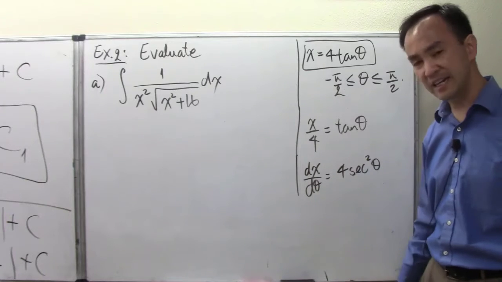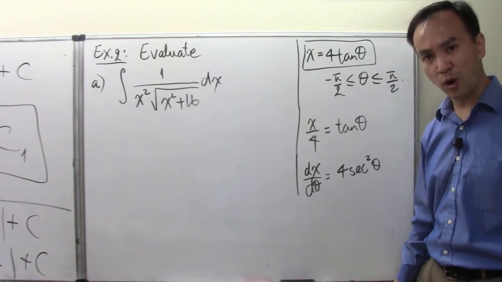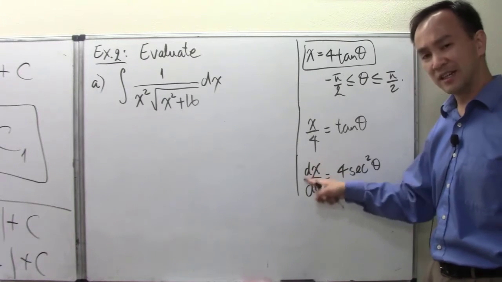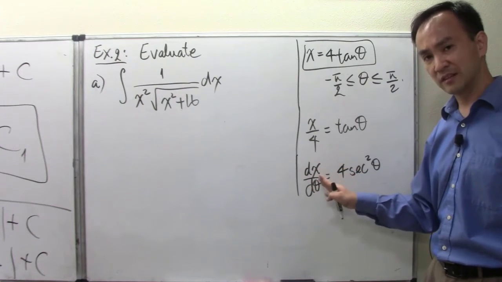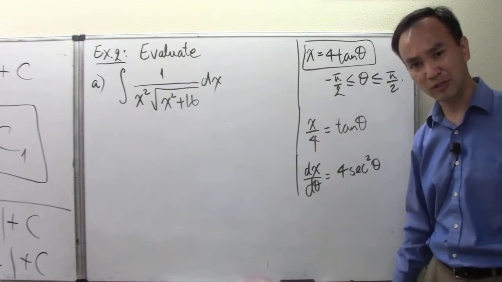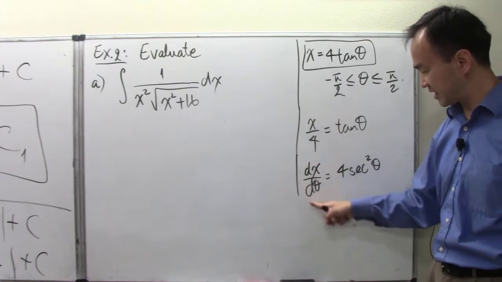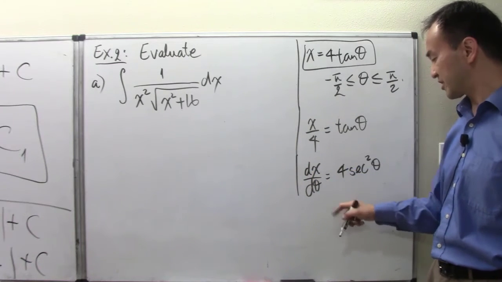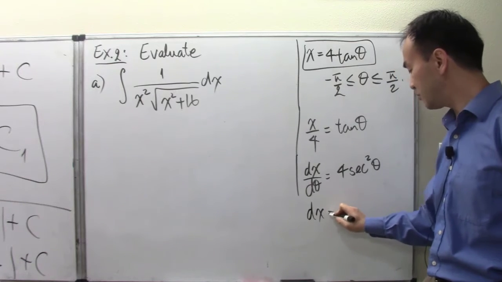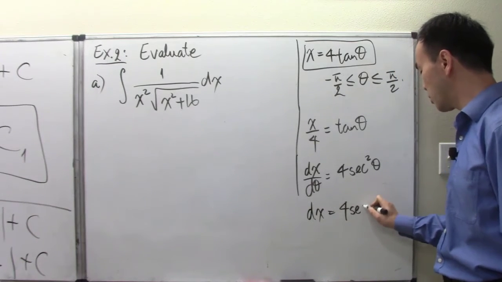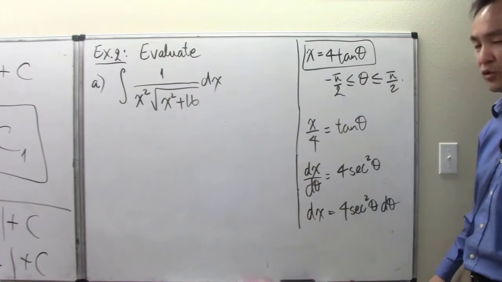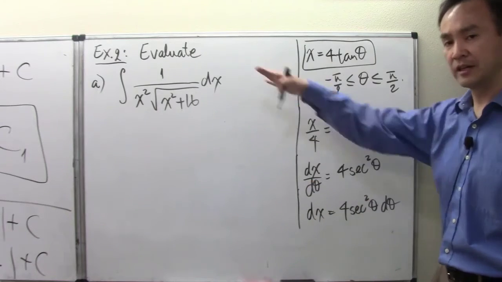We have seen this idea at the end of Calc 1, or prior to the lecture where we learned about the substitution methods. Seeing this as a quotient of differential expressions, I can now multiply the d theta to the other side. So dx equals 4 times secant squared theta d theta. Okay, so we have just enough useful information to start putting these pieces in place.